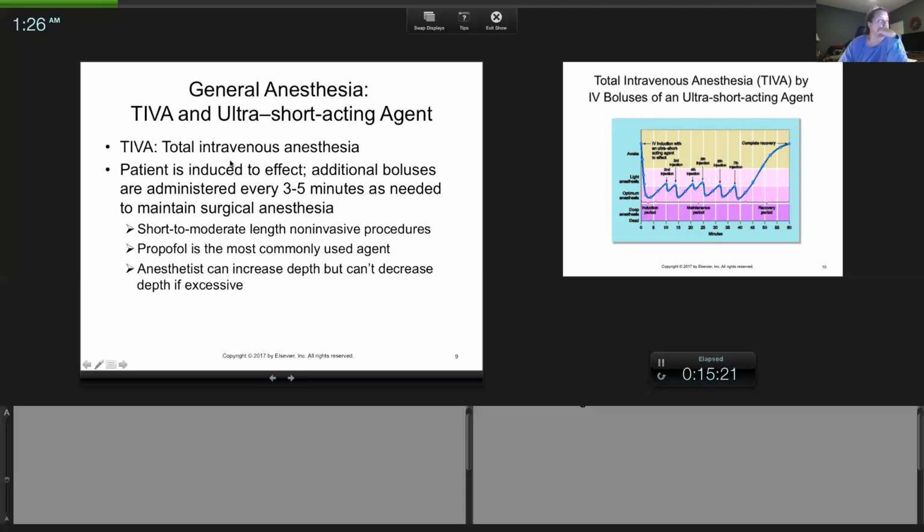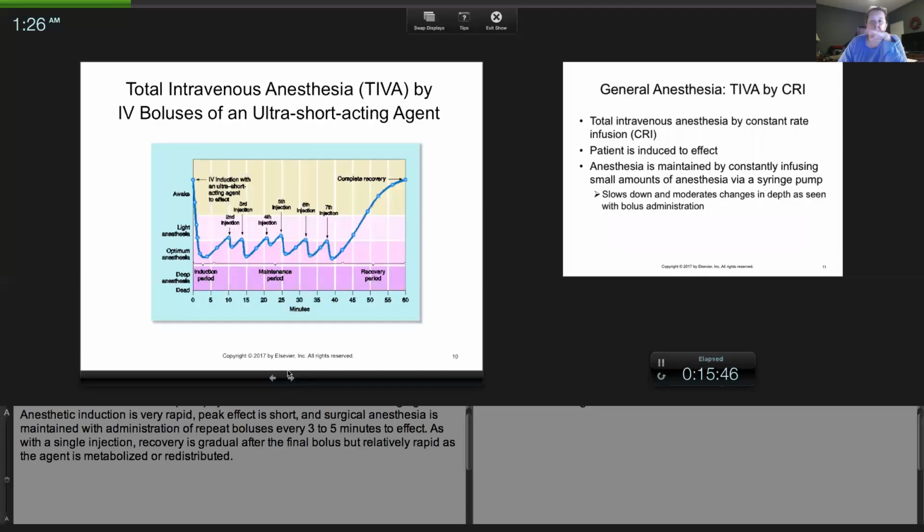Now, patient is induced, they go to sleep. Now, you can put a tube in them. This is showing you that you did not hook up gas. So you just gave all intravenous. You gave it every 3 to 5 minutes, right? Short to moderate anesthesia. But if you look at the chart, this will kind of explain it. So here, I gave it. I got them to stage 3 plane 2. They intubated. The injectable wore off.